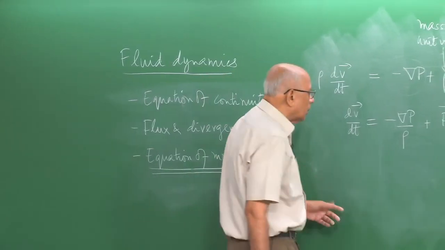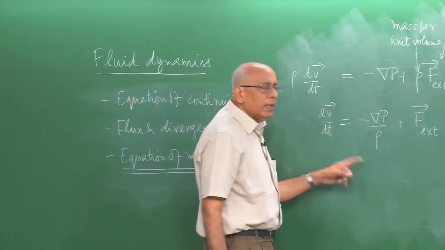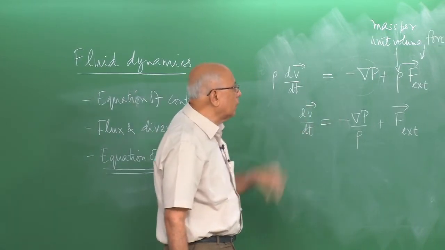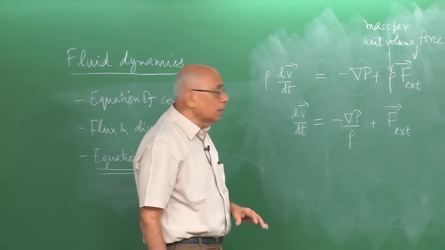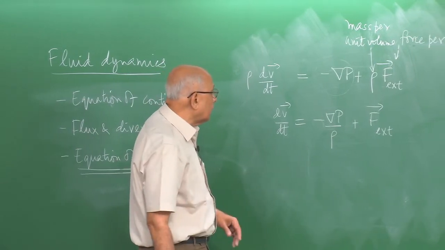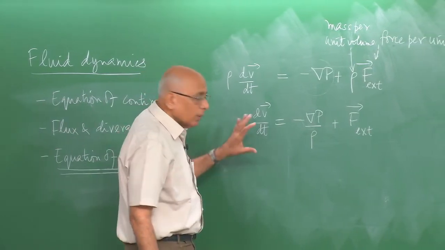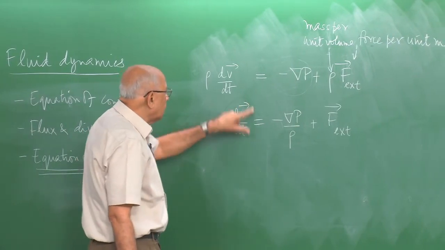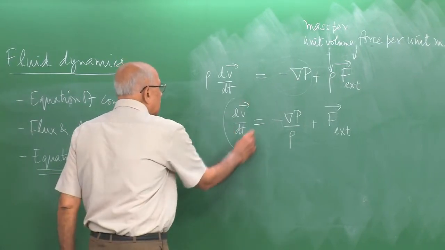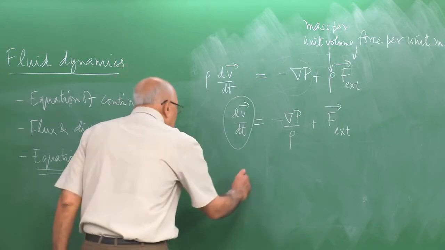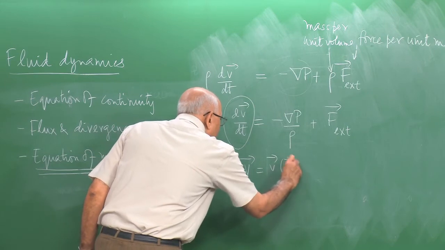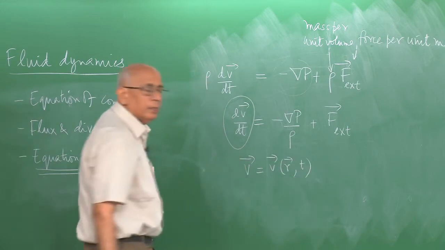First of all, this is valid even when rho is not constant, even when the fluid is not incompressible, it is compressible and changes with space and time, this equation is still valid. The next step is to ask, what is this time derivative here, this acceleration here. Remember that V is a function of space and time here.